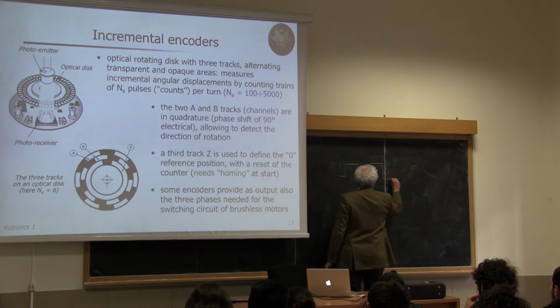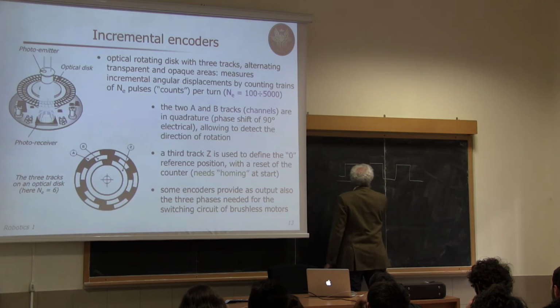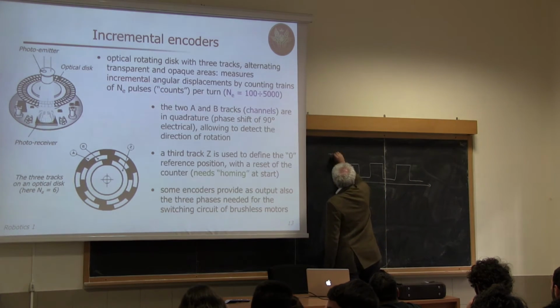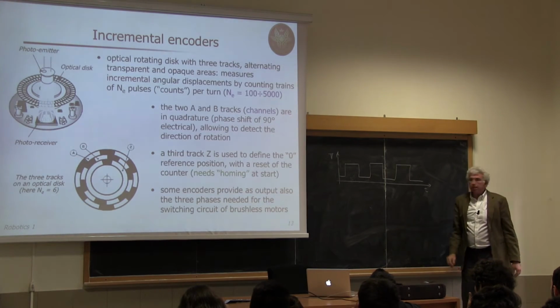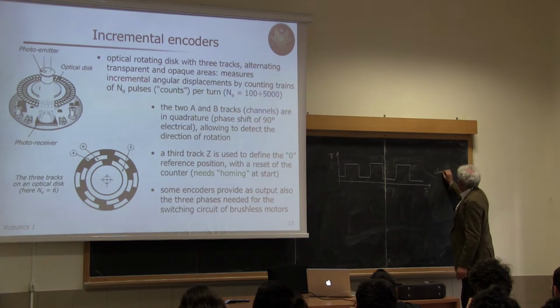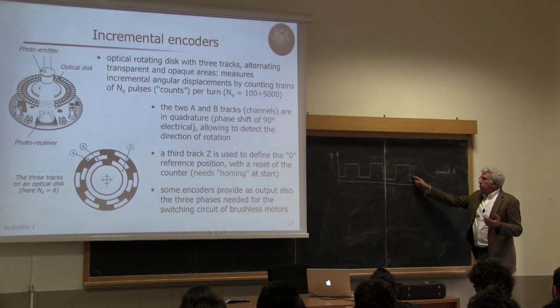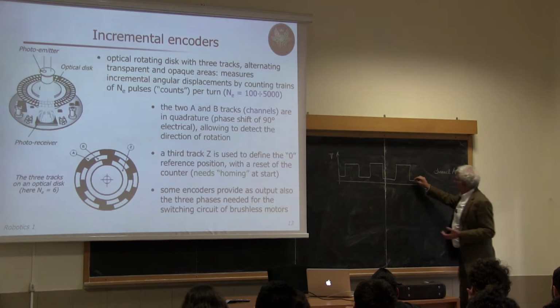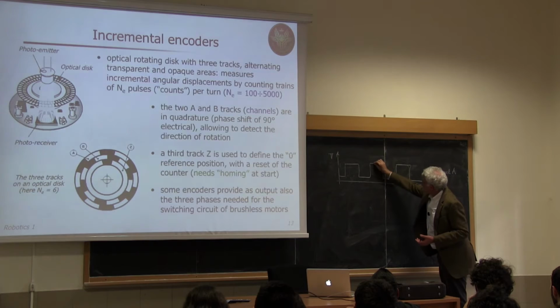If you're rotating at constant speed, you will see this type of signal, for instance, on channel A. Actually, you don't see exactly a square wave. You will see some kind of approximation because of the electronics.